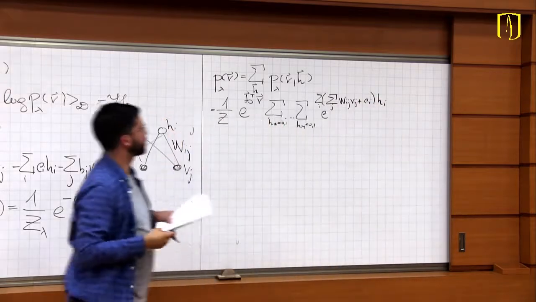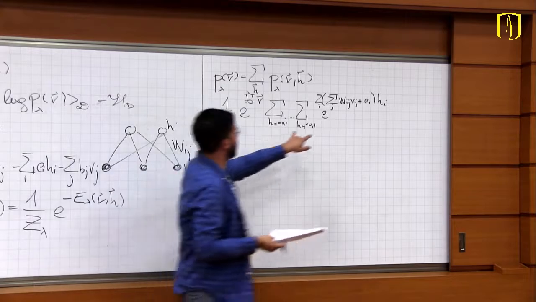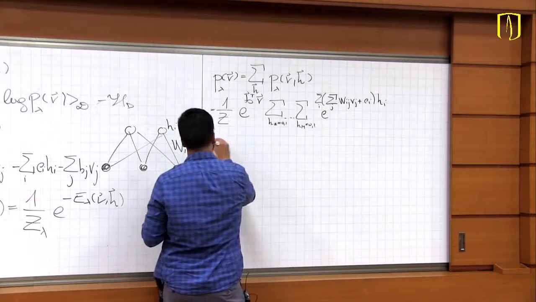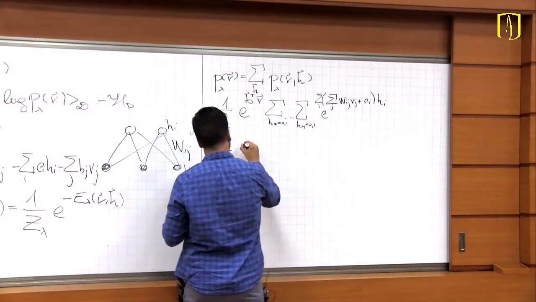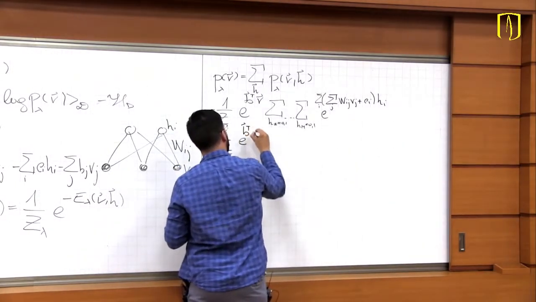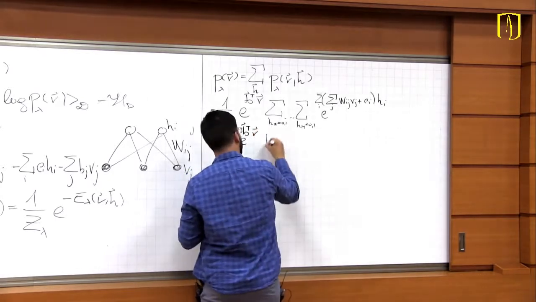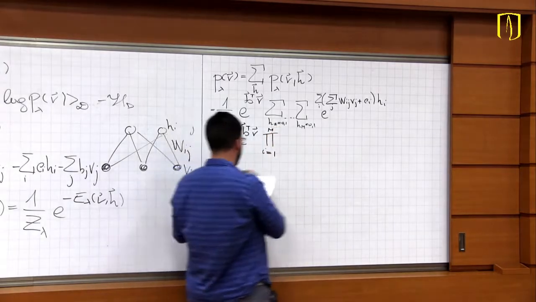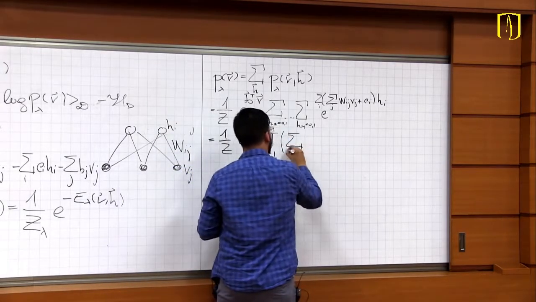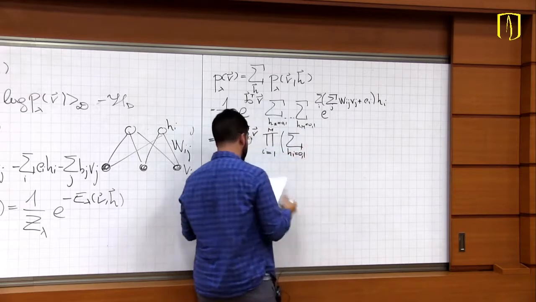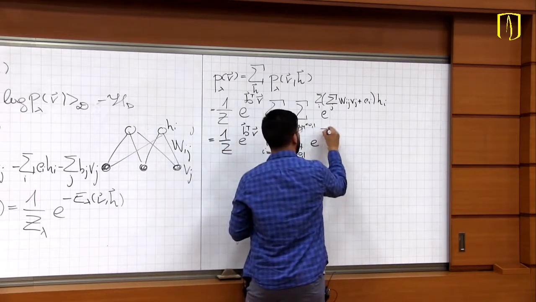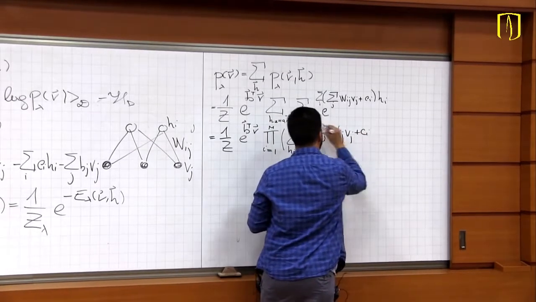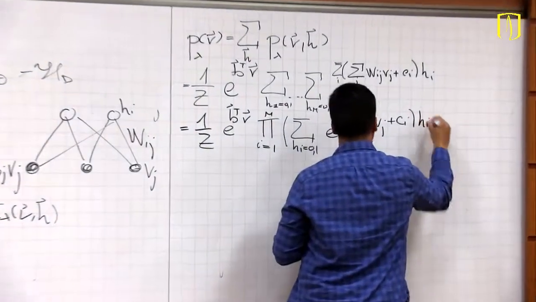So because we can factorize this term, then we can do this sum exactly. So this is essentially equivalent to b transpose V, and now we have the product over all the hidden units of the sum of h_i, 0 and 1, of e to the sum over j of W_ij v_j plus c_i, times h_i.